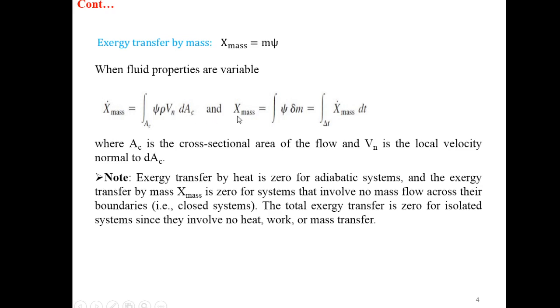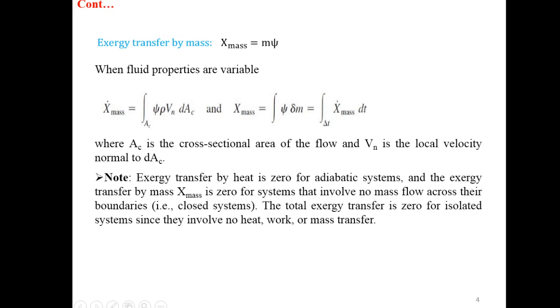Here it is exergy transfer by mass. It will be the integration of flow stream exergy per unit mass into differential of mass, where AC is the cross-sectional area of the flow and Vn is the local velocity normal to dAC, the differential of area, or we can say small area element.